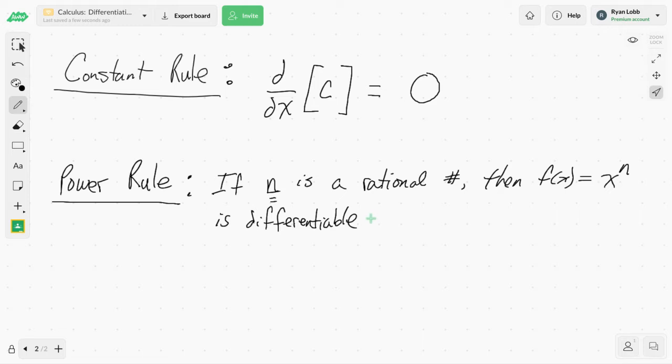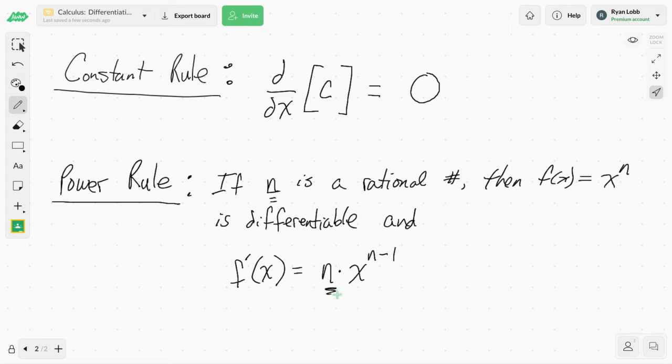And f prime of x will be equal to n times x to the n minus 1.